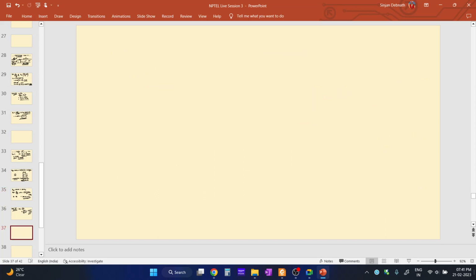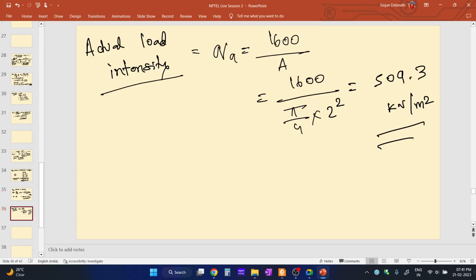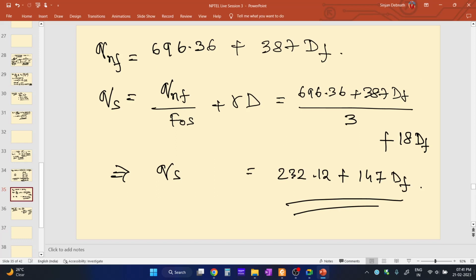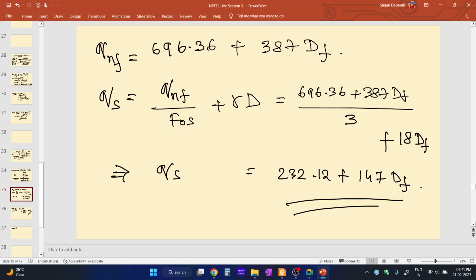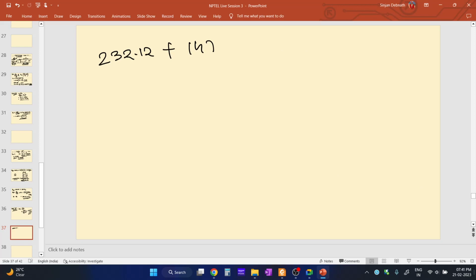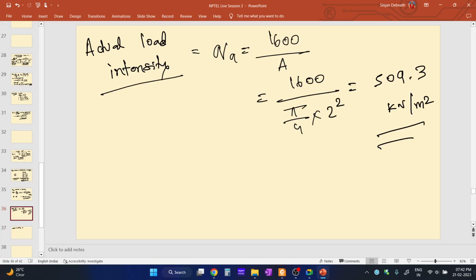So let me just write it down. So qs is equal to 232.12 plus 147 Df, this one is equal to 509.3, because the foundation has to carry this load safely.